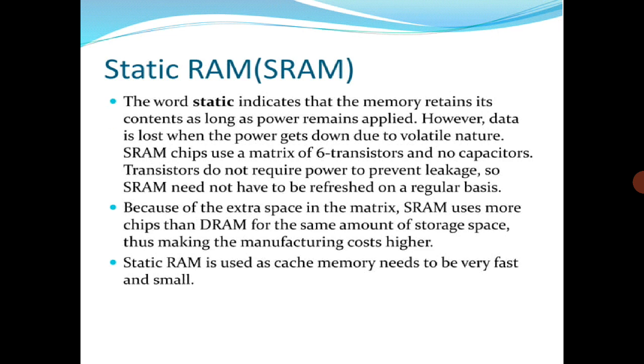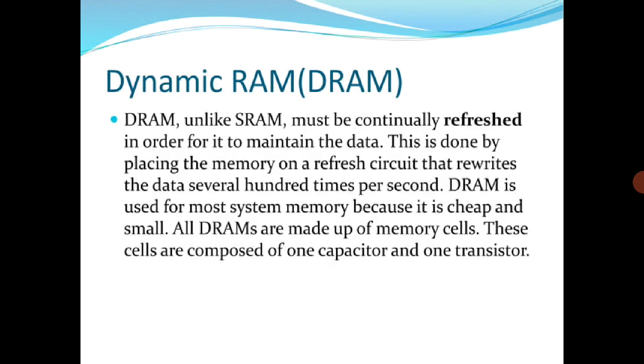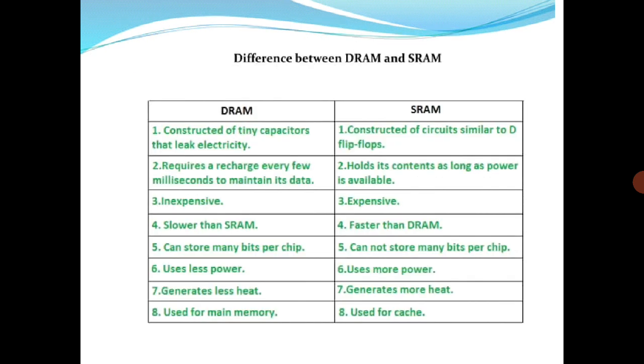Dynamic RAM, compared with static RAM, has fewer chips and is continuously refreshed in order to maintain the data. This is done by placing the memory on a refresh circuit that rewrites the data several hundred times per second. The internal construction of a memory unit is a single storage memory cell, which is nothing but a D-latch.